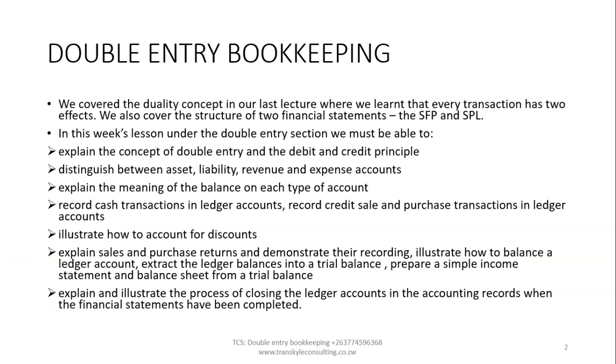By the end of this week, as part of our double entry bookkeeping exercise, students should be able to explain the concept of double entry and the debit and credit principle, distinguish between asset, liability, revenue and expense accounts, explain the meaning of the balance on each type of account, record cash transactions in ledger accounts, record credit sale and purchase transactions in ledger accounts, illustrate how to account for discounts, explain sales and purchase returns and demonstrate their recording, illustrate how to balance a ledger account, extract the ledger balances into a trial balance, prepare a simple income statement and balance sheet from a trial balance, and lastly, explain and illustrate the process of closing the ledger accounts in the accounting records when the financial statements have been completed.